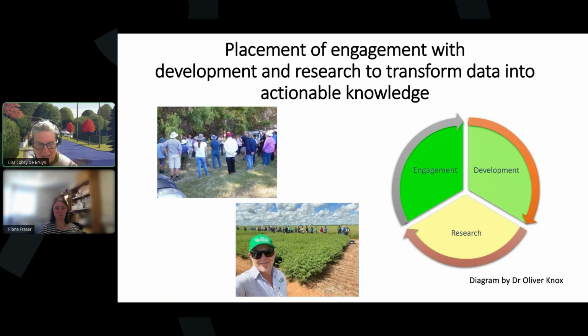But in actual fact, this top left picture is a farmer talking to a whole group of soil scientists about his farming management and how he looks after his soil, and actually what sort of soil information he uses on a regular basis. So I think we need to do more of this type of flipping, if you like, talking to farmers first to understand what their problems are, and how they've actually tried to address them already, and then do the development of the research.